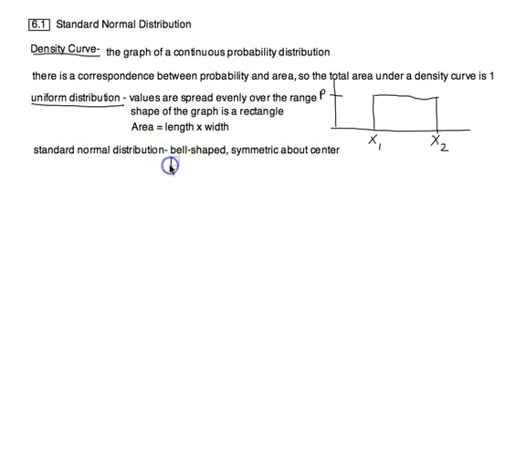On a standard normal distribution, we've added in that word standard because before we just said normal distribution. When we add in the word standard, that tells us that our mean is going to be 0 and our standard deviation, it won't click for some reason in the place I want it to.